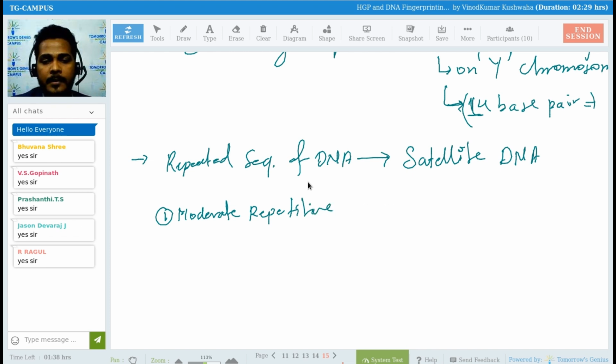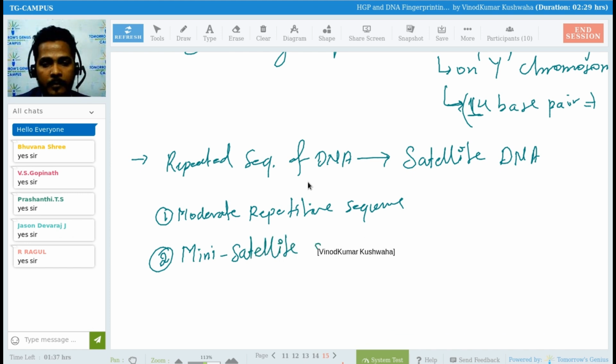Another one is called the mini satellite sequence.